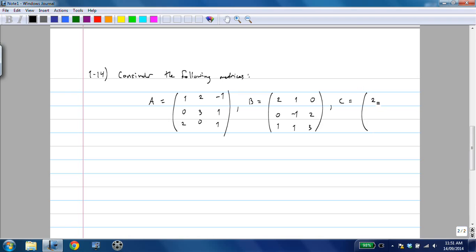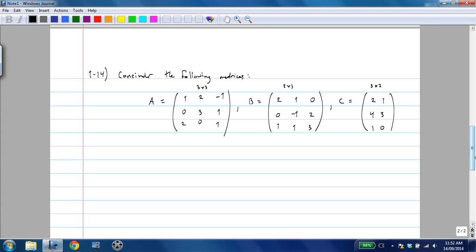So we have 2, 1, 4, 3, 1, 0. Or sorry, this is a 3 by 2 matrix. So this is 3 by 3, 3 by 3, and 3 by 2. Okay.